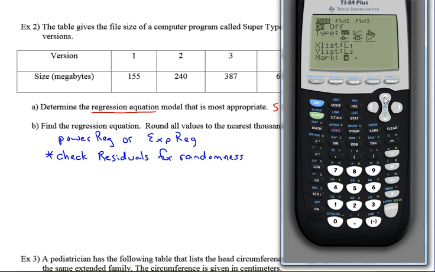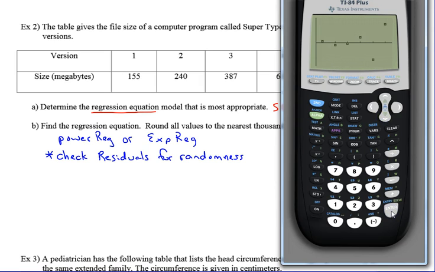So we're going to hit second stat and go down to number 7, residuals. What we're telling the calculator is use the data in the X column, and then look at the residuals. That residual won't show up unless you've already run the regression. And then we're going to do zoom stat.